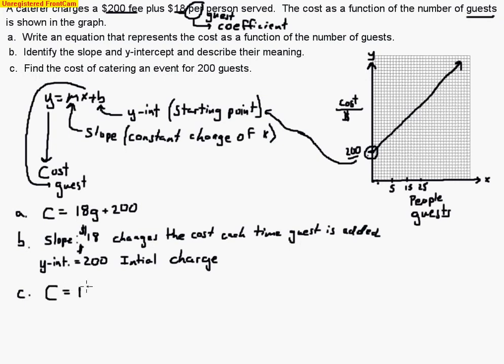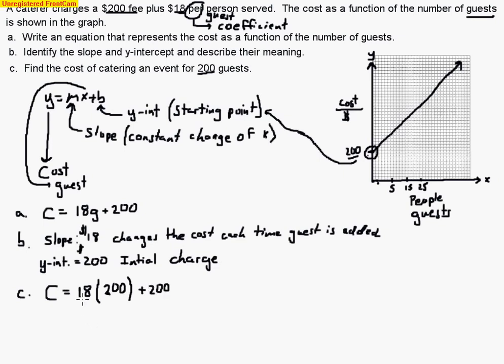So we have 18 times the number of guests. Well, the guests is 200 for this event here. So I'm going to put 200 in place of the total number of guests. And then plus that initial charge of $200.